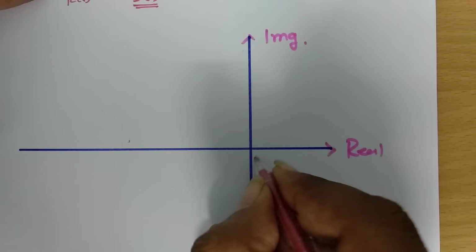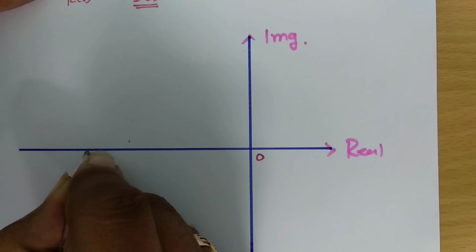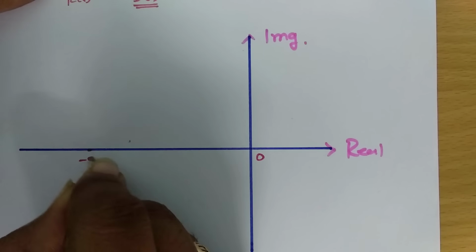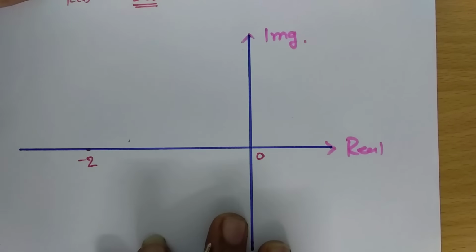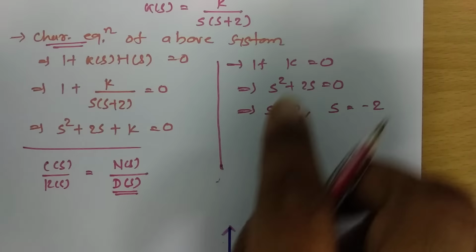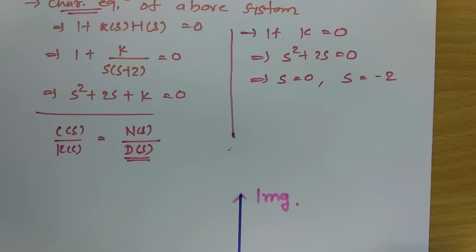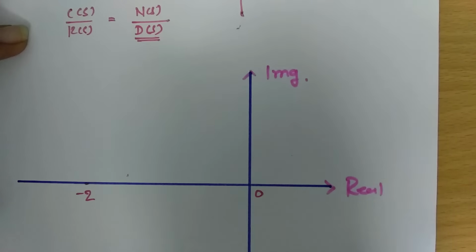Here we have the real and imaginary axis, where this is 0 and here is -2. In case of K = 0, we have the poles' positions over here.